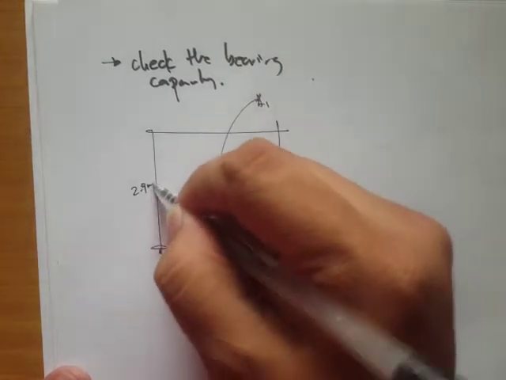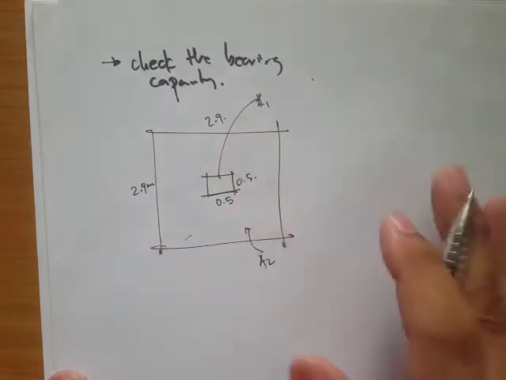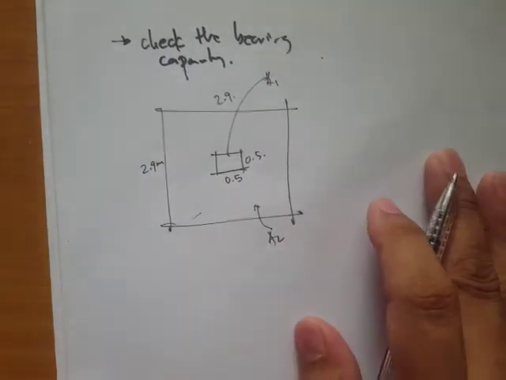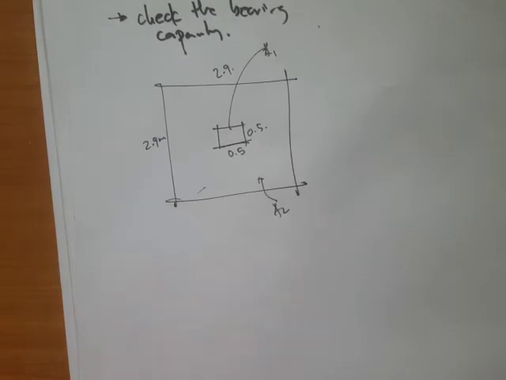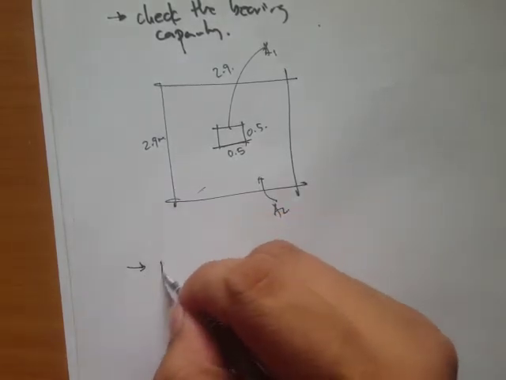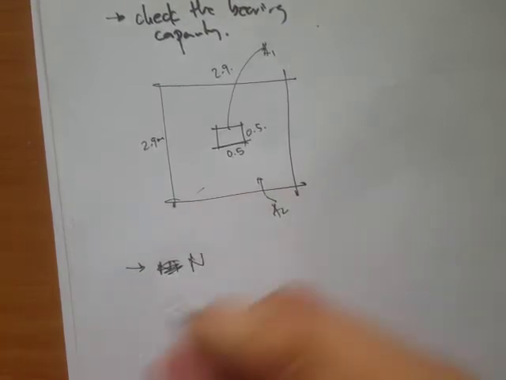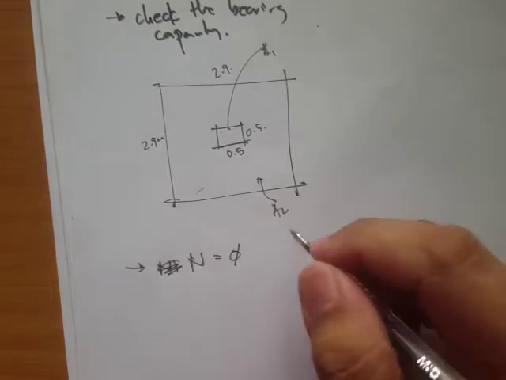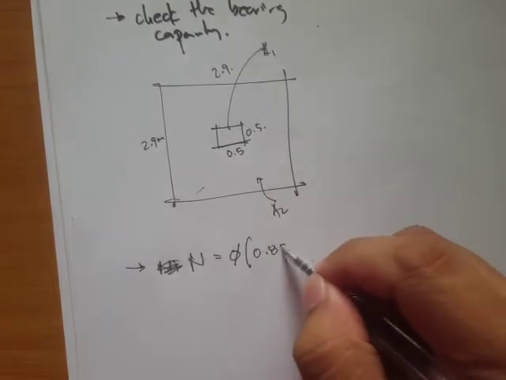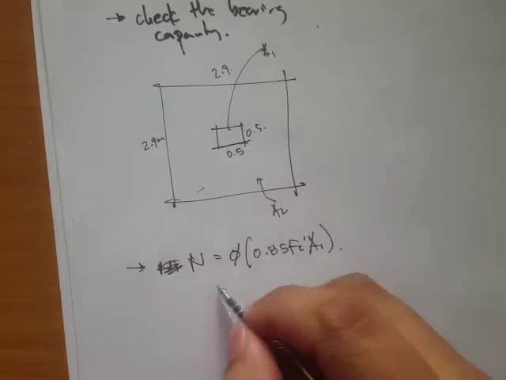We have 2.9 meters by 2.9, and this one is 0.5 times 0.5. Now let's solve for the bearing capacity. Let's write N equal to the reduction factor times 0.85 f'c times A1.